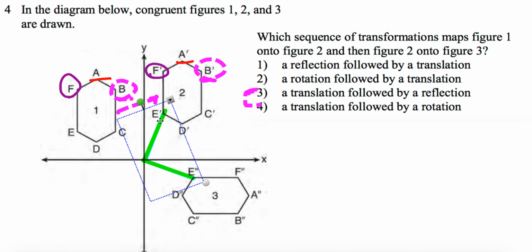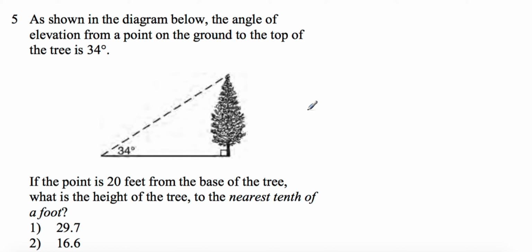This is the same angle. Then E and D at least have been moved to the same location, rotated by the same amount. And that would in fact be true for all of them. So therefore our answer is in fact choice 4.